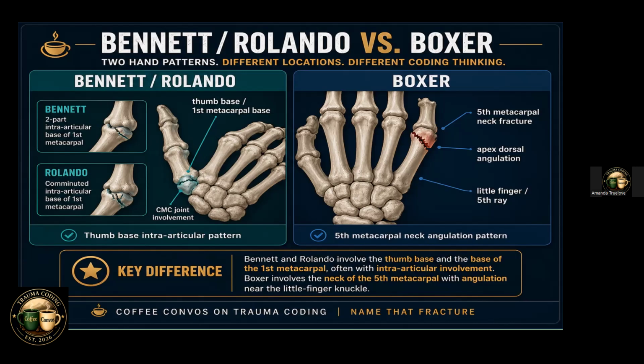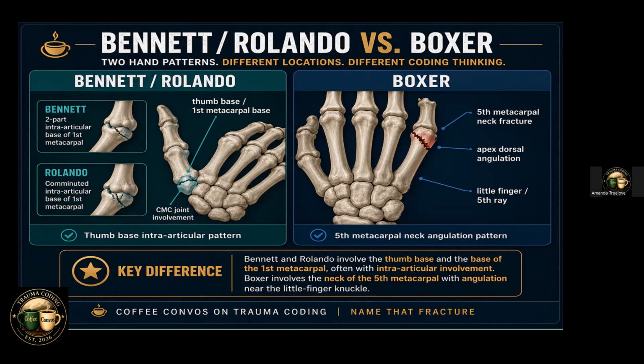Okay, so this illustration just provides a great quick review of those differences between the Bennett and Rolando eponym fractures, since trauma coding professionals often mistake one for the other. Your key difference is in the complexity of each, specifically that intra-articular involvement of the fragment of the bone.